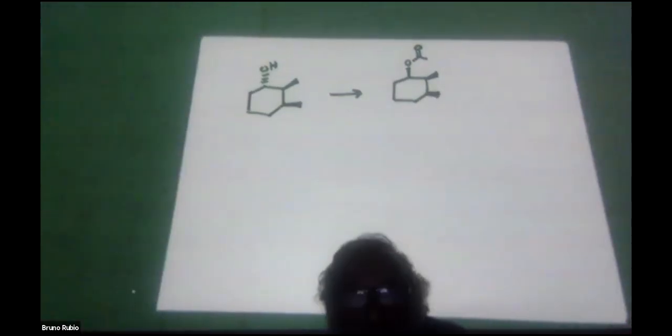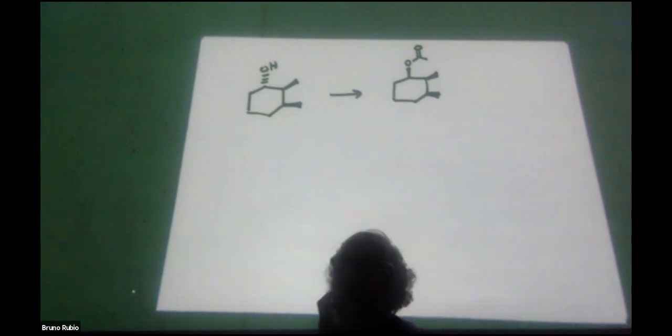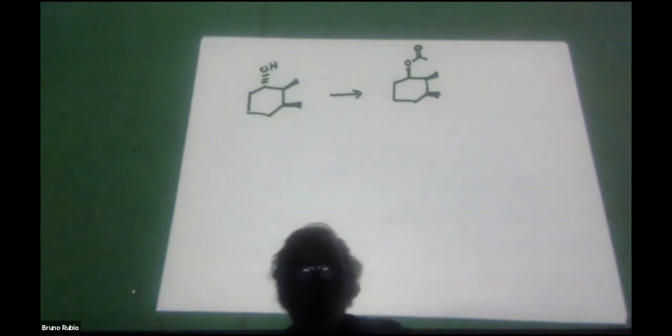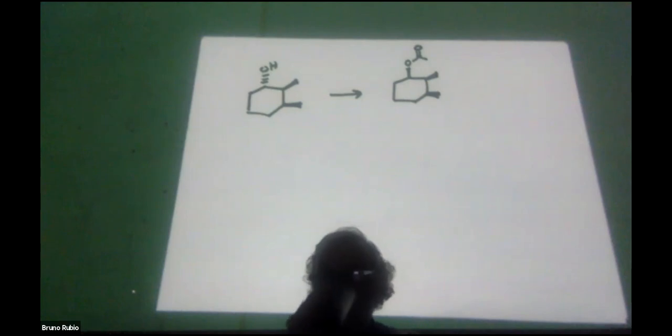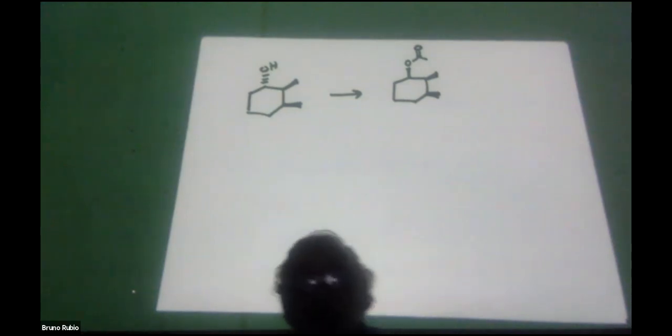Okay, so that's what I want to do in the laboratory. Write out the steps. What do I do? I'm asking you to write out a recipe.